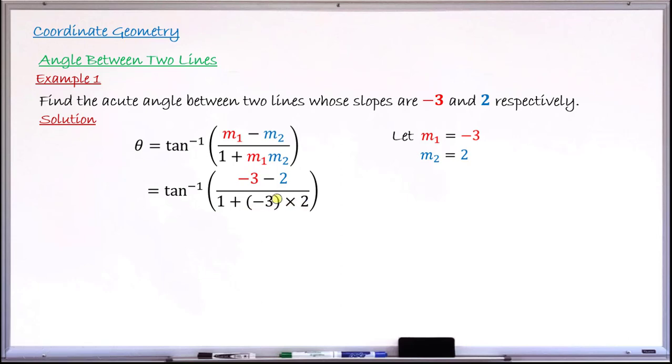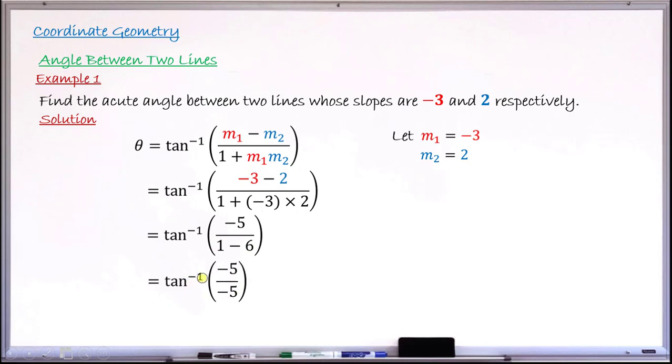There we continue. The numerator, -3 minus 2, simply gives you -5. In the denominator, we do the multiplication first: -3 times 2 gives you -6. So you have 1 minus 6, and subtracting 6 from 1 gives you another -5.